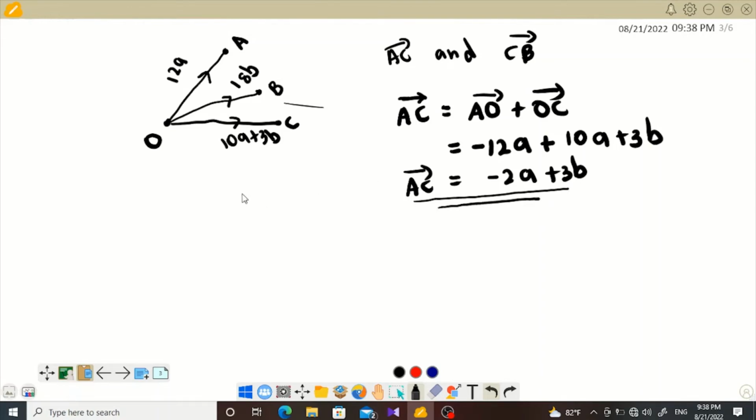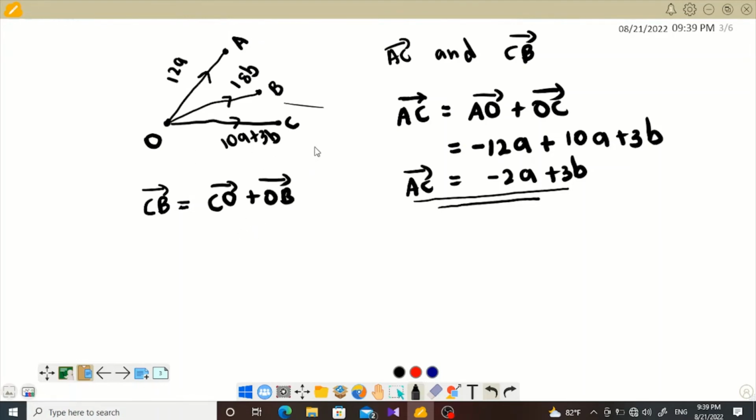Next I am going to find CB. I use the same method. You must follow a path, so I can go to B from C like C to O, then O to B. I can write it as CO plus OB.